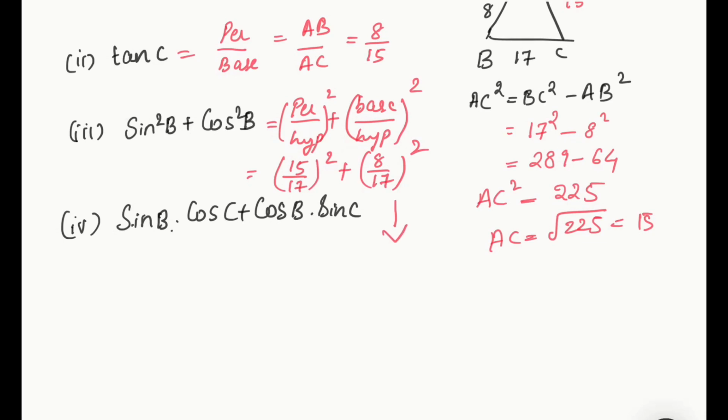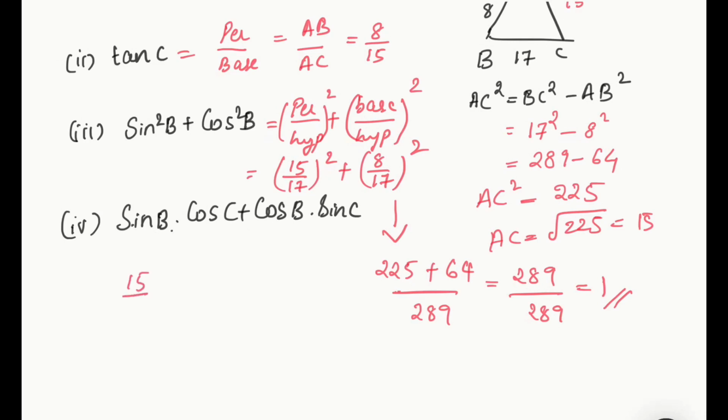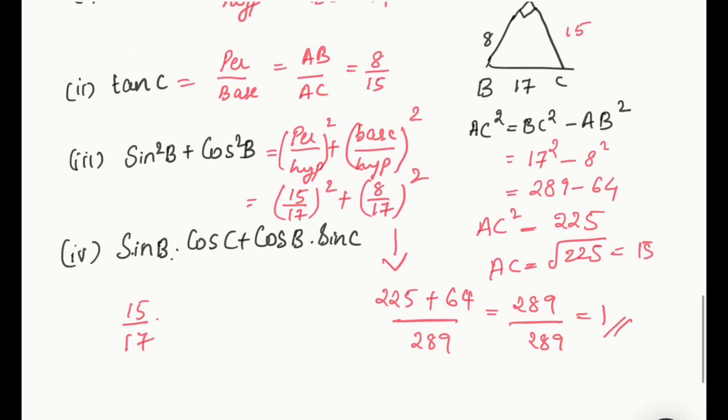It's equal to 15 square is 225 plus 8 square is 64. Denominator is common, 289. That's equal to 289 by 289 equals 1.